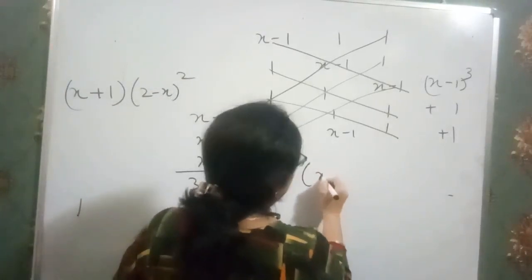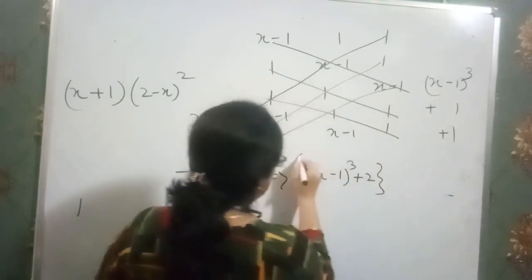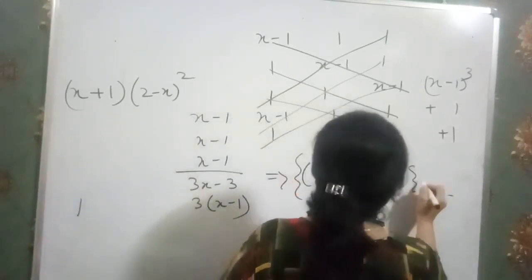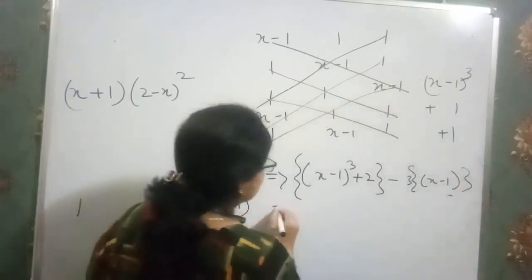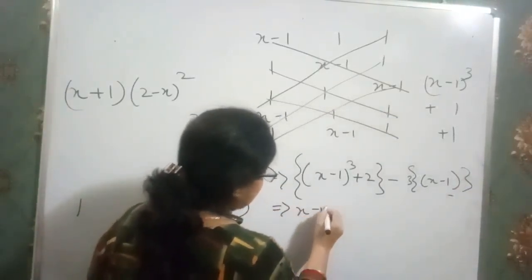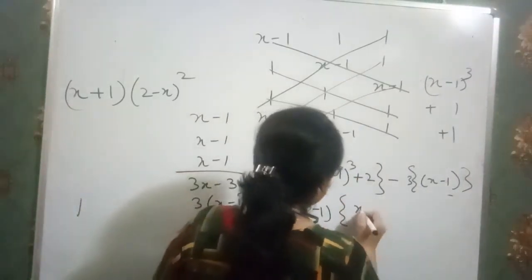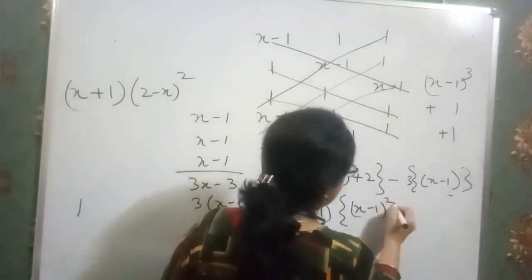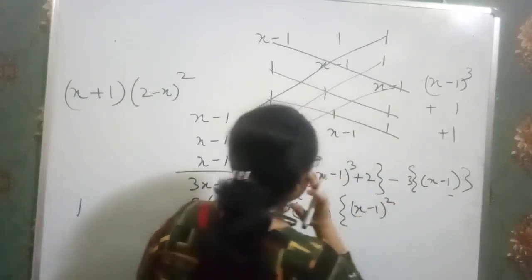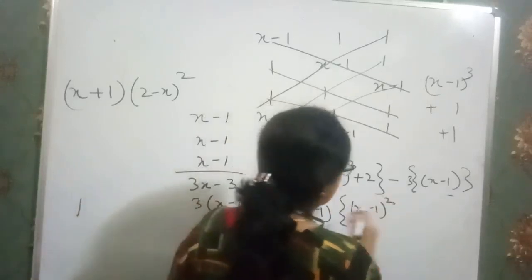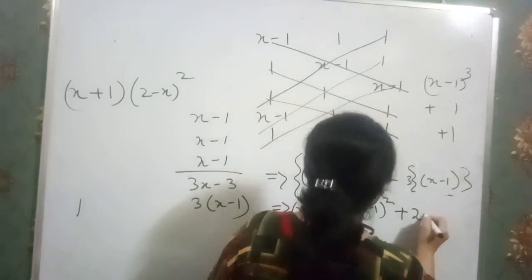So we have x minus 1 cube plus 2 minus 3 into x minus 1. Clear? I will take x minus 1 common. So we have x minus 1 whole square plus 2 minus 3.